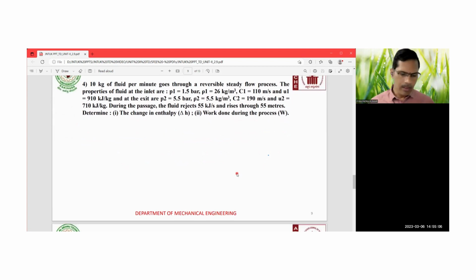First thing is to find out the change in enthalpy. What we know is that the change in enthalpy, delta H, is equal to delta U plus delta of PV, that is the flow work.